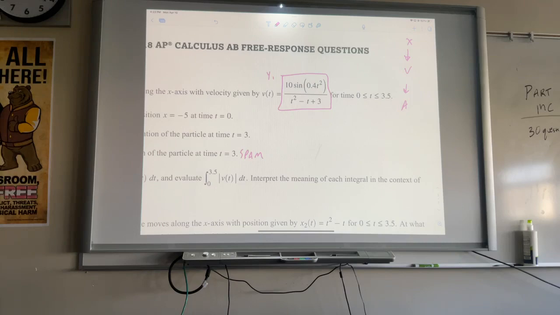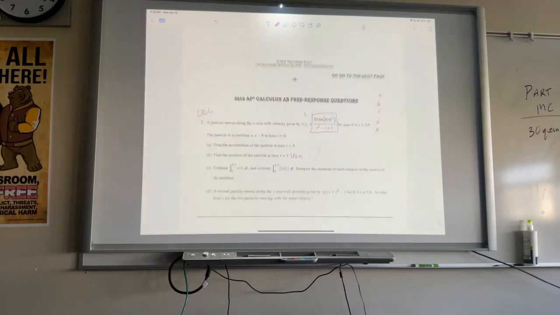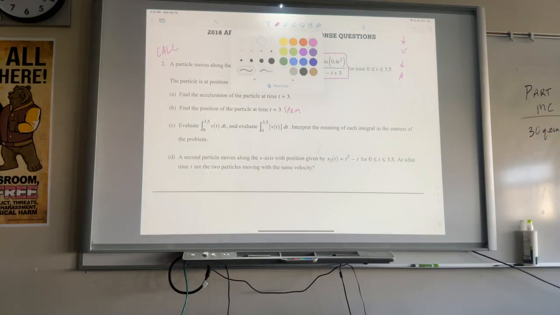F of 0 equals -5. Now, what I need to write for the graders on number 1 is this. You don't have to write exactly, you can write either one of these. Like acceleration of 3 is the derivative of the velocity, and then just write it. Make sense? They just need you to show what you did.